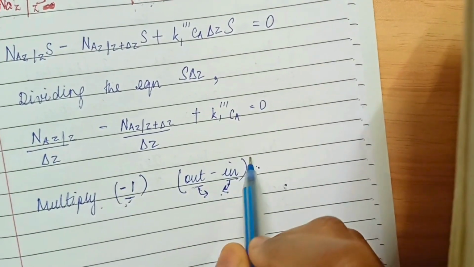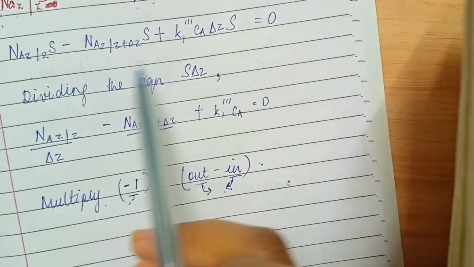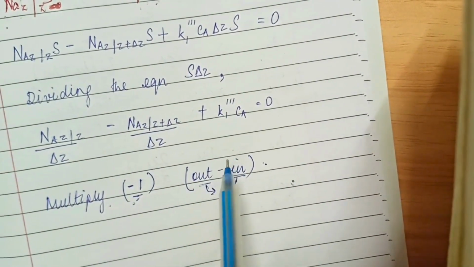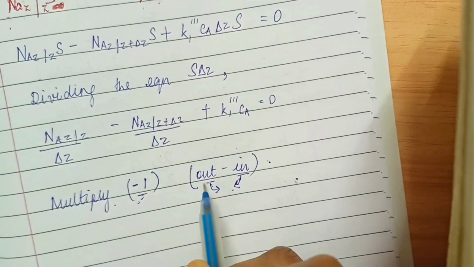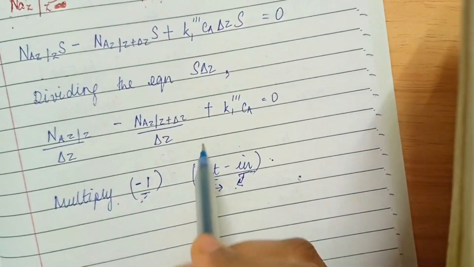In a similar way, here also, as we are working with the flux or the rate of mass of A that is going in and out, just in order to get the out minus in condition, we multiply the whole equation with minus 1.